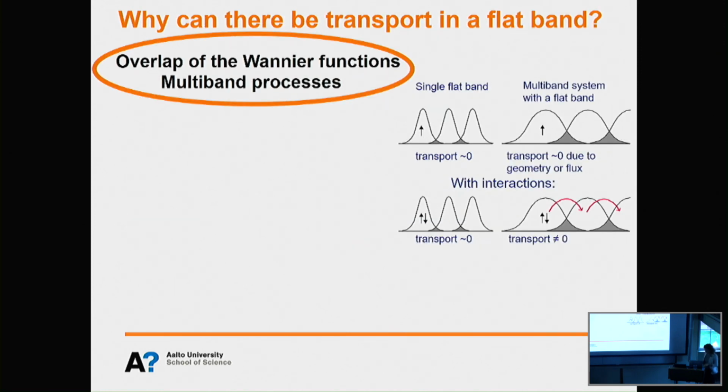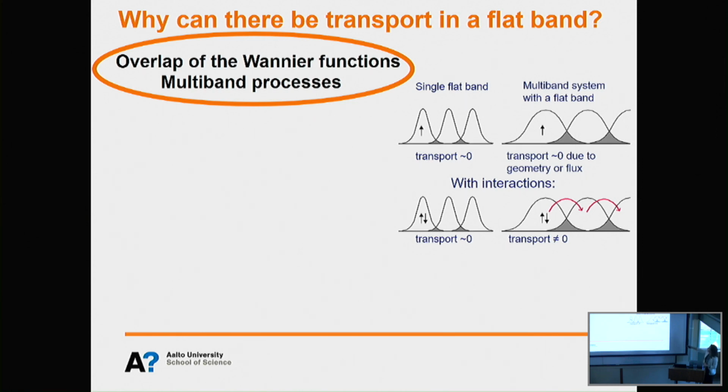And now I would like to discuss a bit what is the physics behind all this. The essential things are overlap of the Wannier functions and that you must have a multiband process present. So in this picture, I have a single flat band, meaning that the transport is zero.